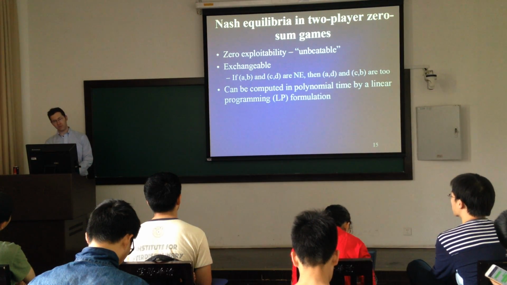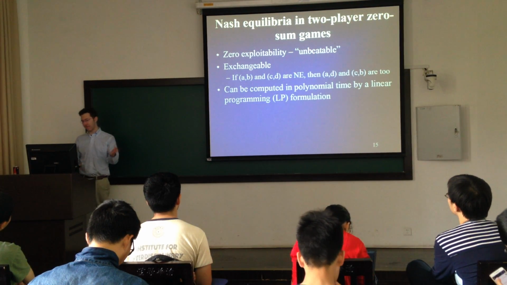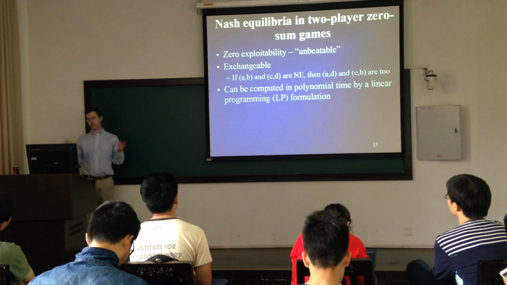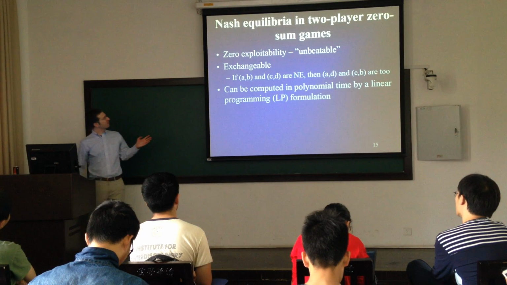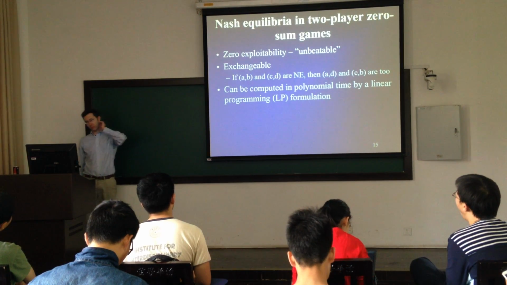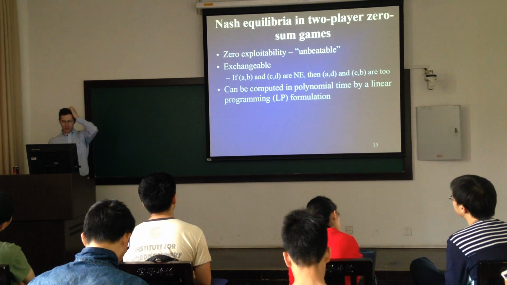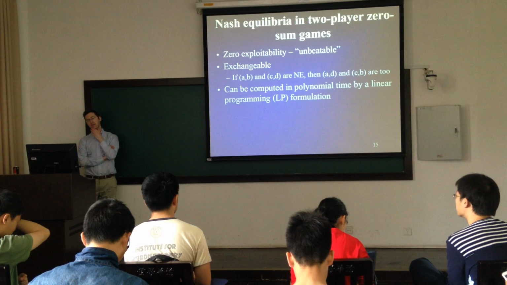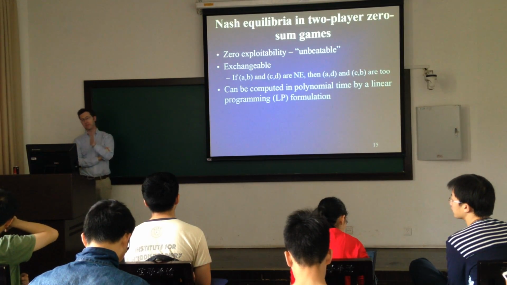So these two-player zero-sum games I mentioned have this special minimax theorem, but they're also special in a few other ways. I mentioned all Nash equilibria have 0 exploitability, and so we can view this as saying that the Nash equilibrium strategies are unbeatable.